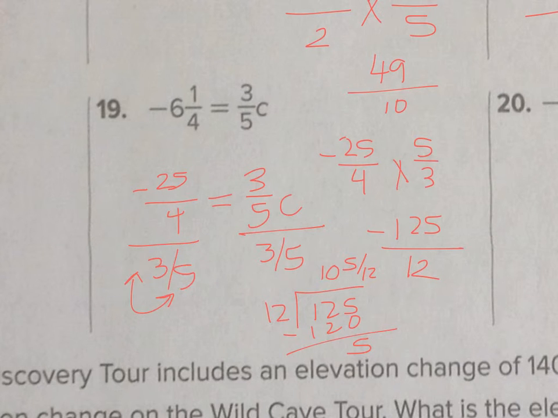So for our answer for this, c would equal a negative 10 5/12. And our answer is negative because if we were to put it in where c is, 3/5 times negative 10 5/12 would give us a negative 6 1/4.